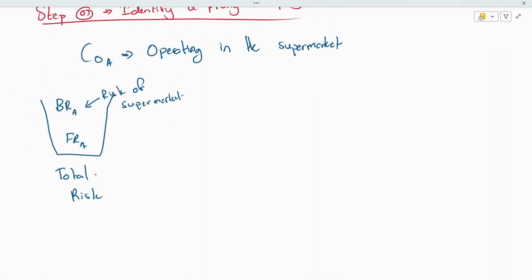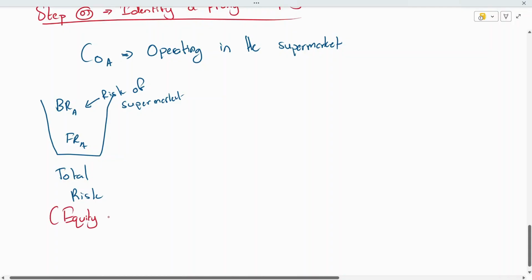This total risk, guys, remember this, very important. Another terminology which we use in this chapter for the total risk of the organization is the equity beta. I hope you all have a pretty good idea of what beta is. Beta is a measure of risk.